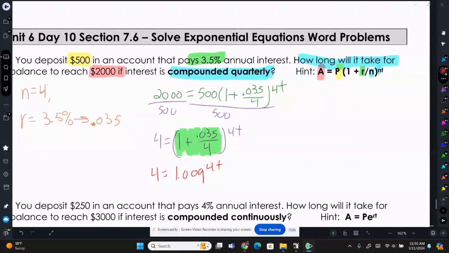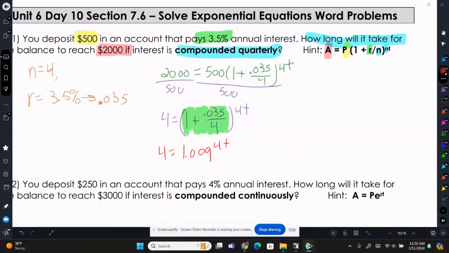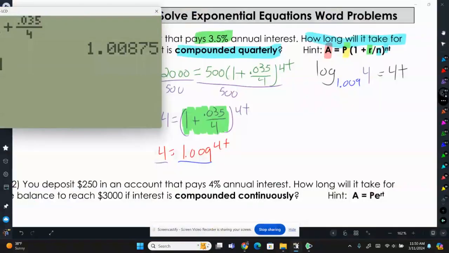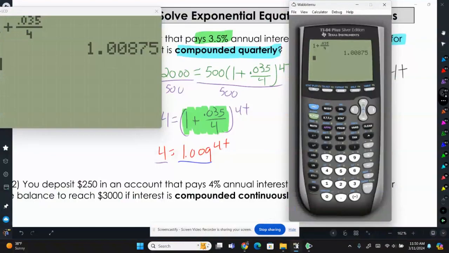All right, now we're going to switch this to log form. So our base of the log is 1.009 because that is what's being raised to the 4t power. So log base 1.009 of 4 equals 4t. So now in the calculator, I'm going to evaluate that log.